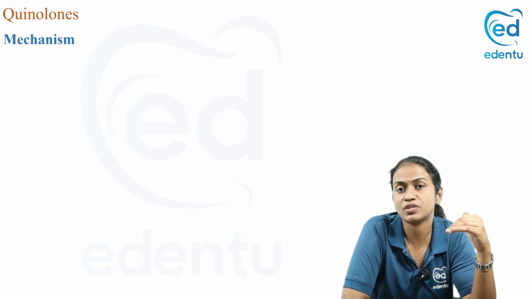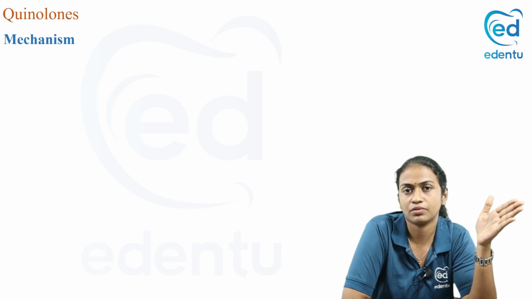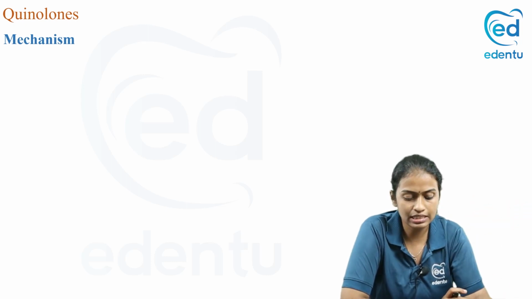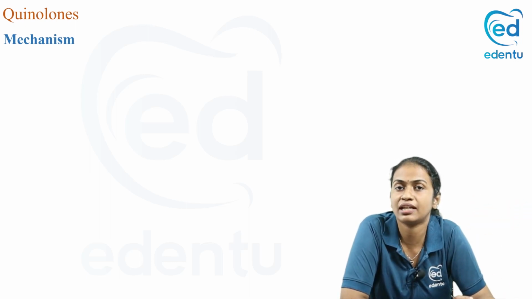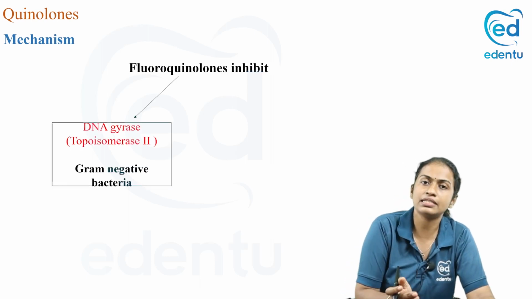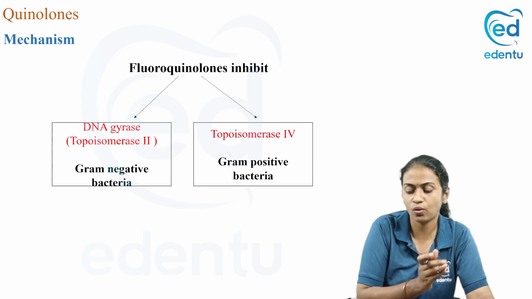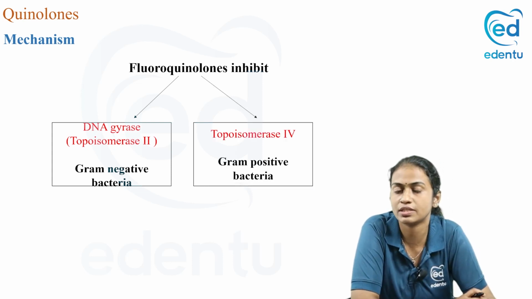Similarly, this interferes with the DNA separation. What it does is it inhibits an enzyme known as DNA gyrase. So what does this DNA gyrase do? DNA gyrase in case of gram-negative organisms and topoisomerase 4 in case of gram-positive organisms.